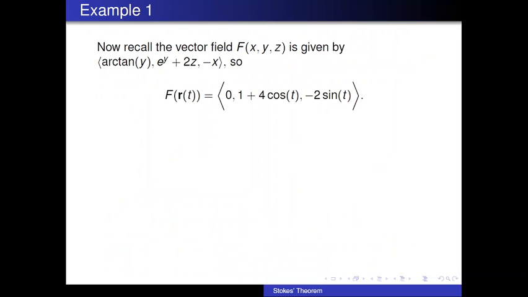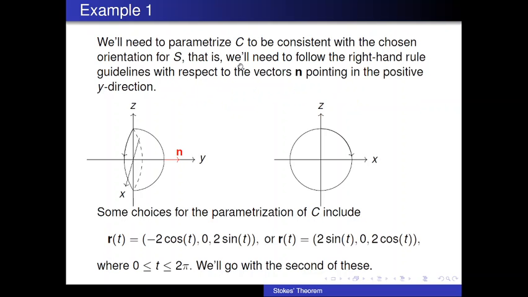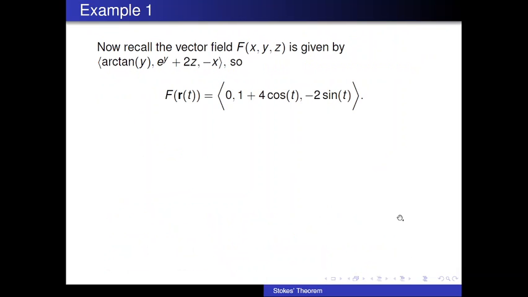And so with that being said, our vector field big F of x, y, z was given by arctangent of y in the first component, e to the y plus 2z in the second component, and minus x in the third component. So if we evaluate that along this parameterization r of t, we get arctangent of 0 is 0, which is nice.